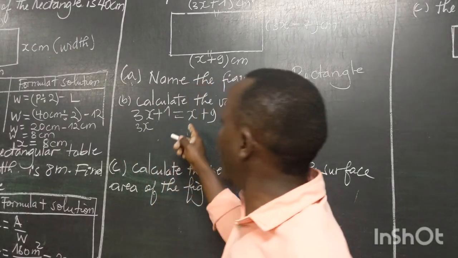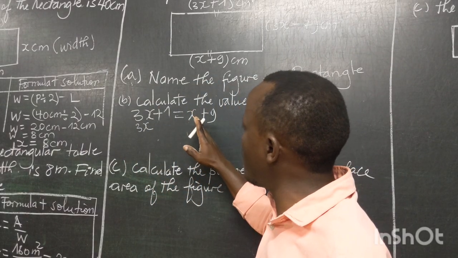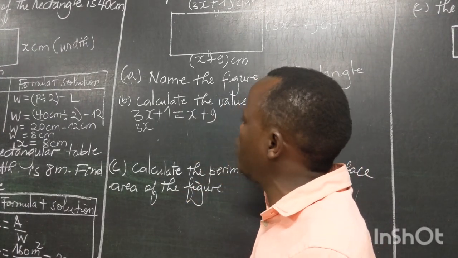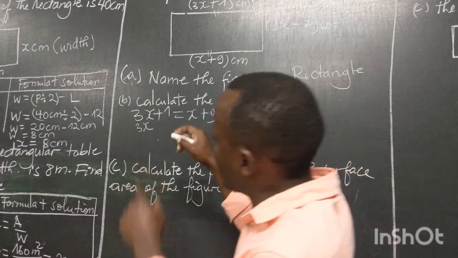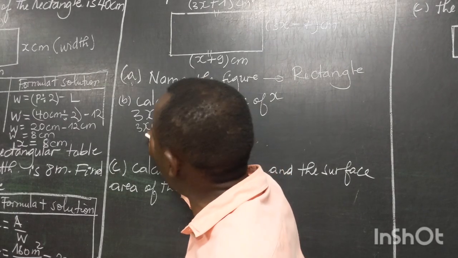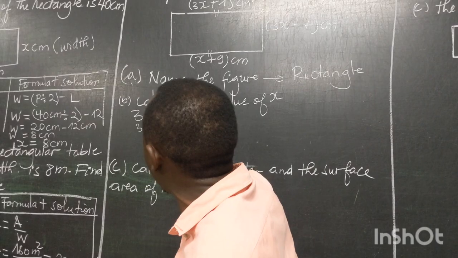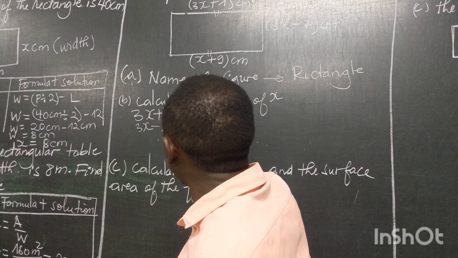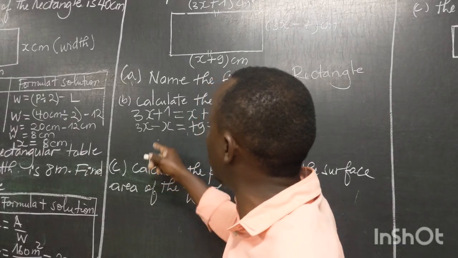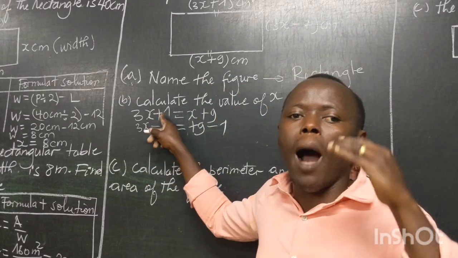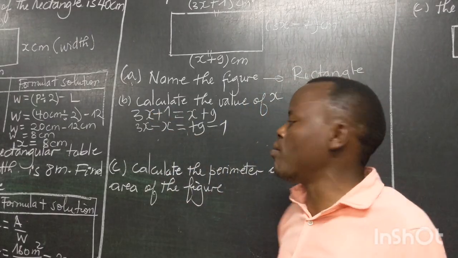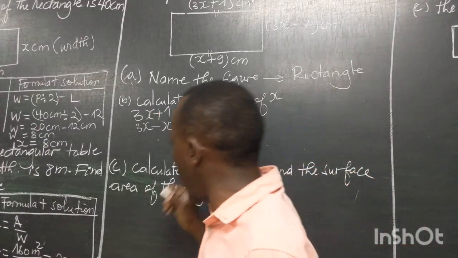3x, and remember that when a number or a sign or an x moves from one side of the equal sign to the other, it changes sign. Here this x has a positive sign, and when it comes to this side, it becomes negative. 3x minus x is equal to positive 9 minus 1. The positive 1, when it moves across, changes its sign and becomes negative, so we subtract 1.